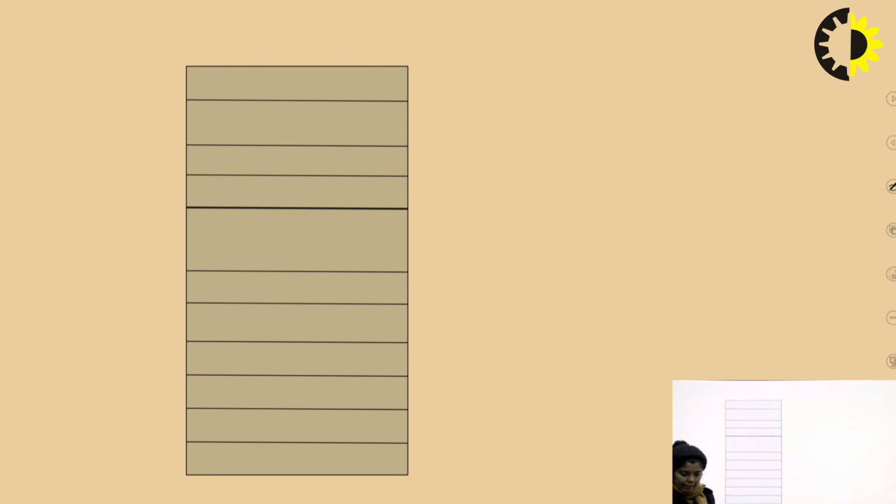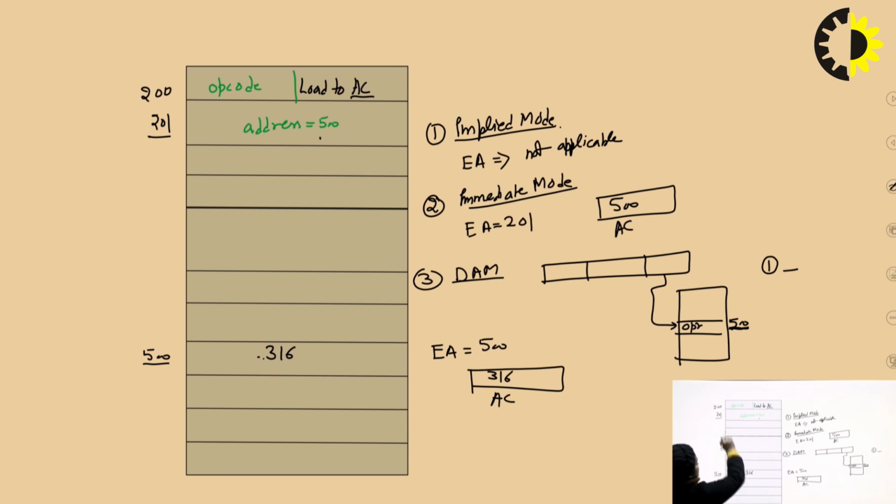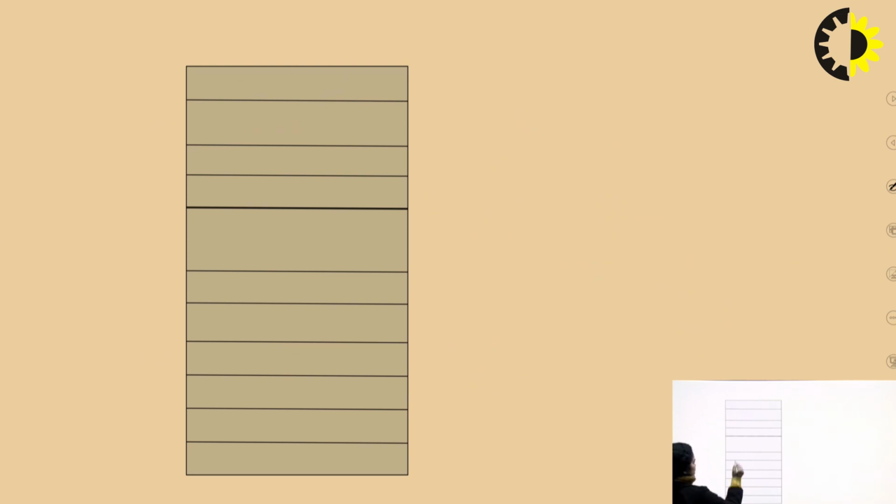In the indirect addressing mode, you can calculate it here. Opcode load to AC is there. Now you can calculate the indirect addressing mode. Let's assume there is 316, and there is some value you can see here, suppose 614. So that was the 3-digit and the 4th.